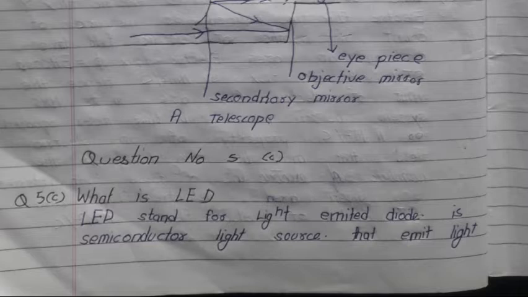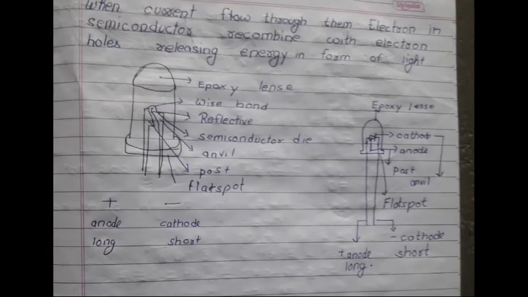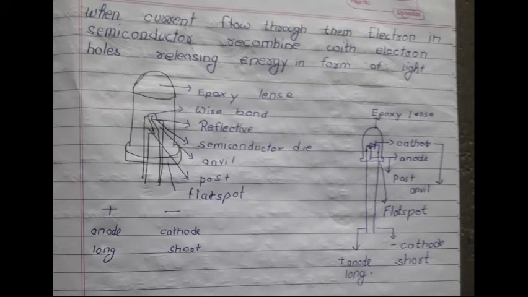What is an LED? LED stands for light emitting diode. It is a semiconductor light source that emits light when current is passed through it. It is a common way of indicating that current is flowing. When current flows through the semiconductor, electrons combine with electron holes, releasing energy in the form of light. This is the structure of the LED bulb.